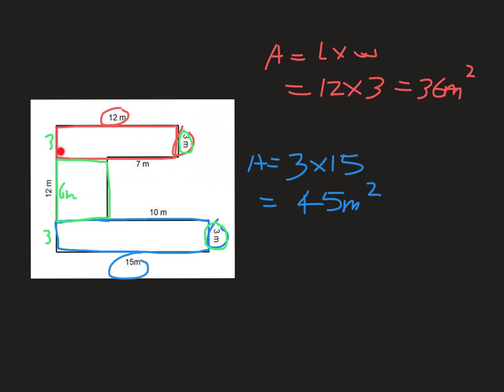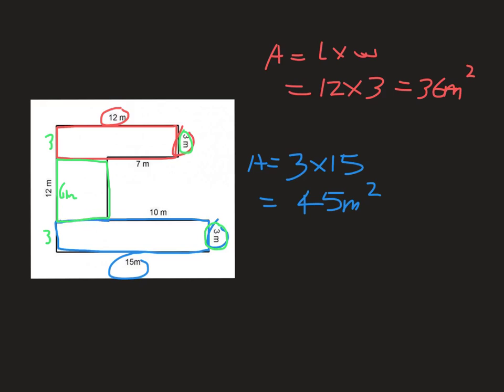Again, on the horizontal sides, no information. But here, if I look at the bottom, I can see that that's 15 meters across the bottom. So that means this all the way across here must be 15 meters. You can see that going across, just this part to this part is equal to 10. So if I do 15, take away that 10, that means that this must be equal to 5 meters.